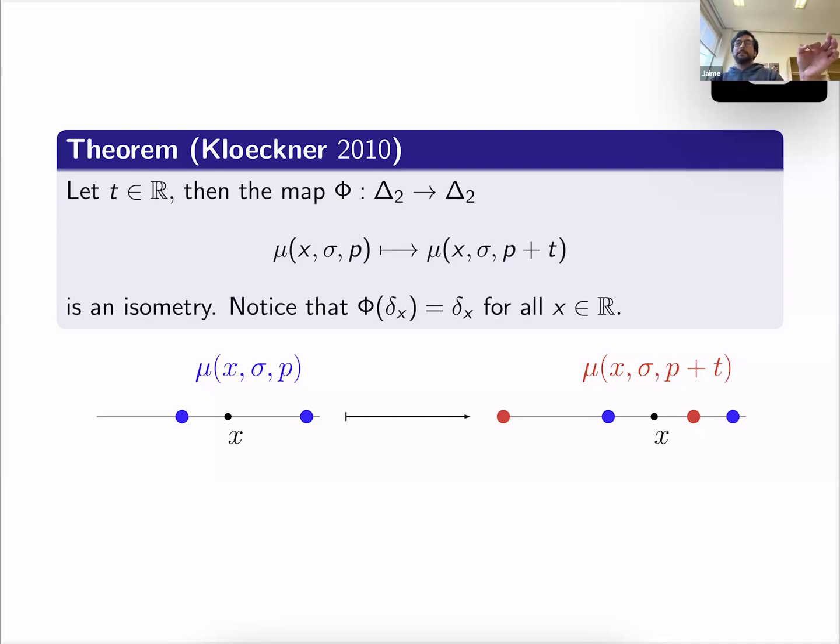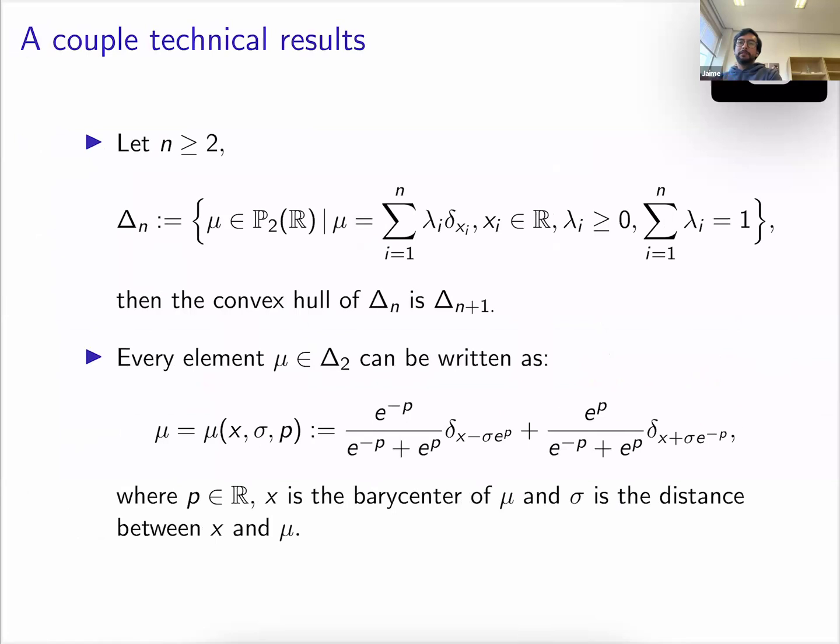So we are preserving the barycenters and the distance to the barycenter, but we are changing the weights in p. So the p's here will just be p plus t. So you are changing the amount of mass that is given to each atom. And notice that each Dirac delta also has some dependence on p. So you're moving those atoms as well.